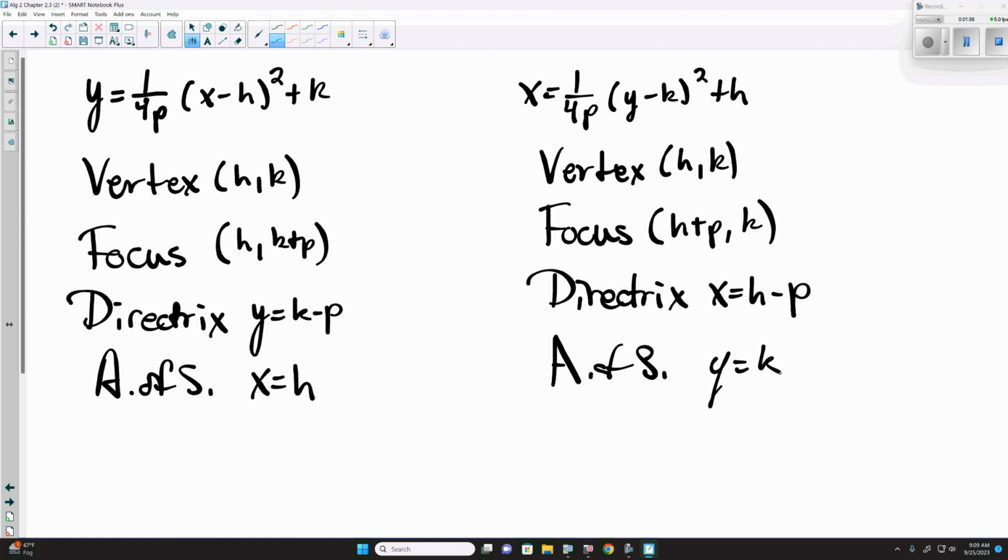The only difference with 2, 3, 2 and 2, 3, 1 was that for 2, 3, 1, the vertex was the point 0, 0, which means all the values of h and k were 0.